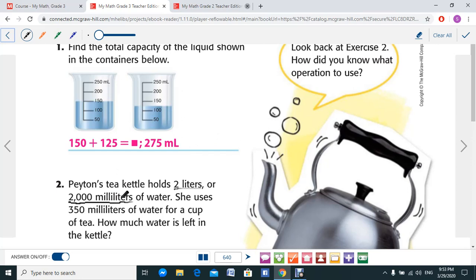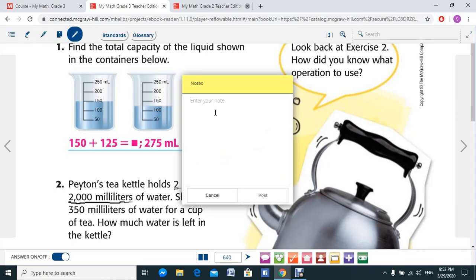Think about it. It means that 2 liters equals 2000 milliliters. So if 2 liters equal 2000 milliliters, that means that each 1 liter is 1000 milliliters, and you should know that, okay? And try to understand it.